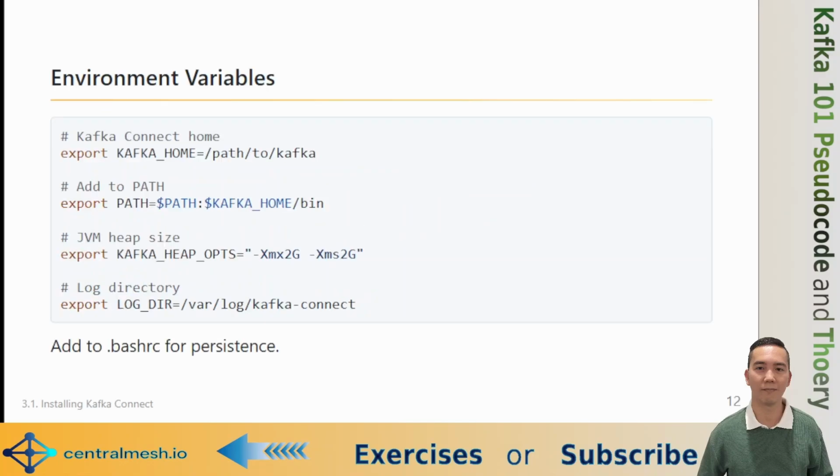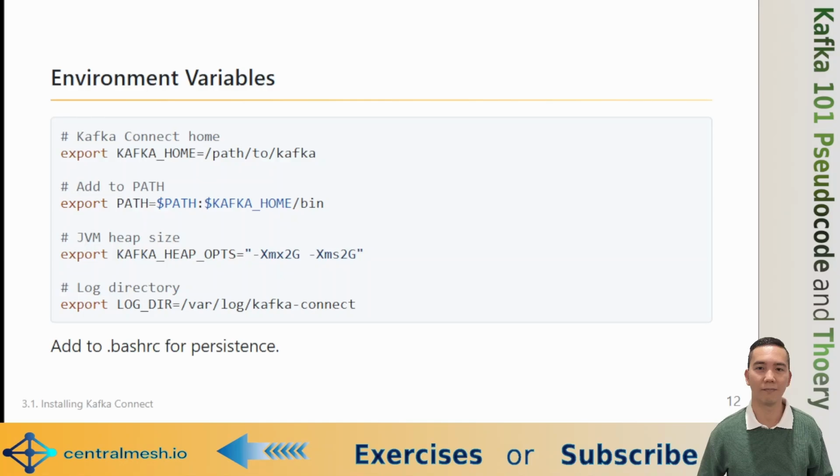As your environment grows, you will likely want to configure a few useful environment variables. Setting KAFKA_HOME makes it easier for scripts and tools to locate your Kafka installation. Adding the Kafka bin directory to your PATH allows you to run Kafka commands from any location without specifying the full path every time. The KAFKA_HEAP_OPTS variable controls the Java heap size available to Kafka Connect workers.